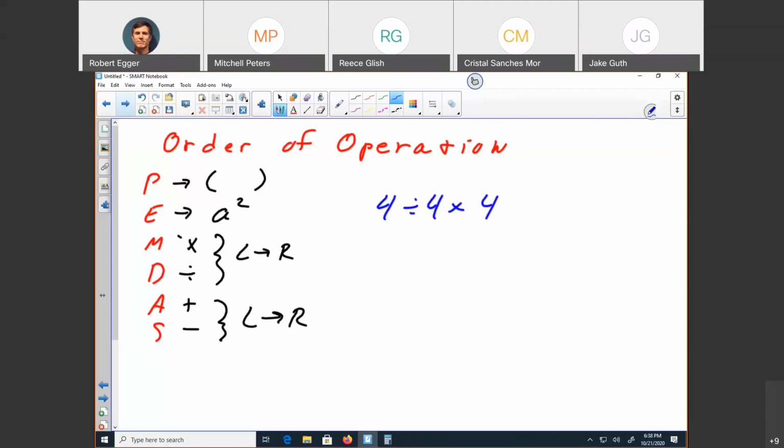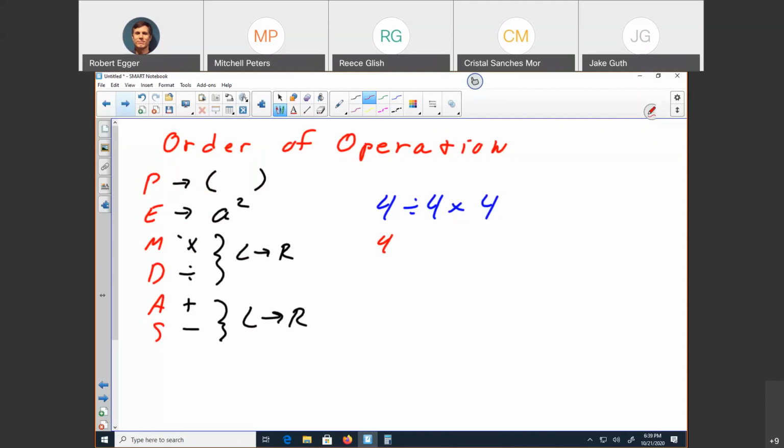So if you're given something like 4 divided by 4 times 4, and you use your order of operations, it says parentheses, no parentheses, exponents, no exponents, multiplication. I must multiply first. So by order of operations, it's telling me to multiply first.